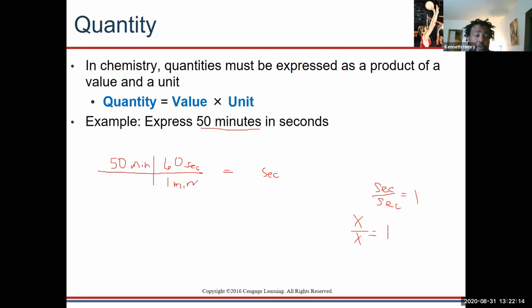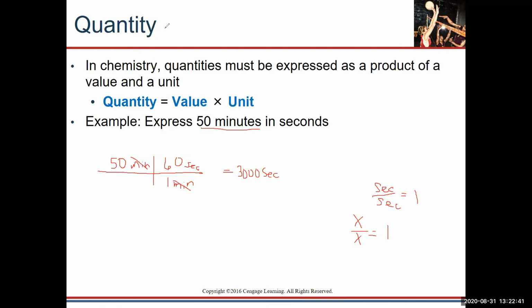I can put it in this manner, and that will allow me to cancel out my units. This concept is called dimensional analysis. Piece of cake. It will be with practice.